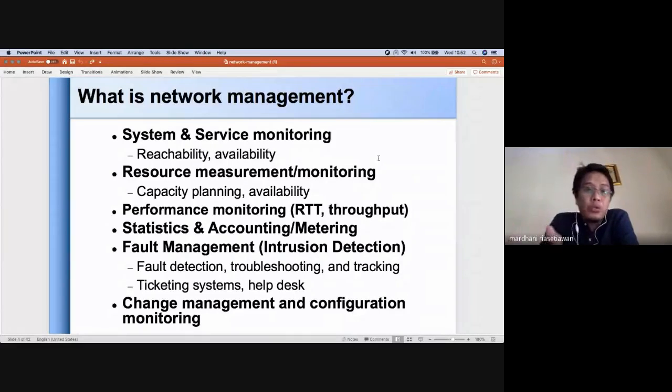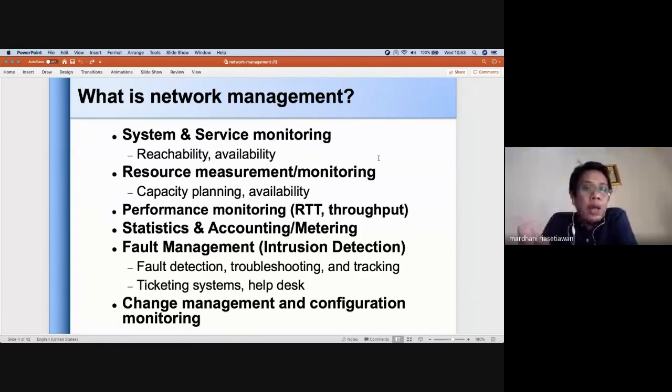And then we also do some analytics in network management. We do some statistics, measuring or accounting of the performance, so hopefully we can have good performance numbers. And then fault management is about how network management can help us as network administrators detect intrusions.